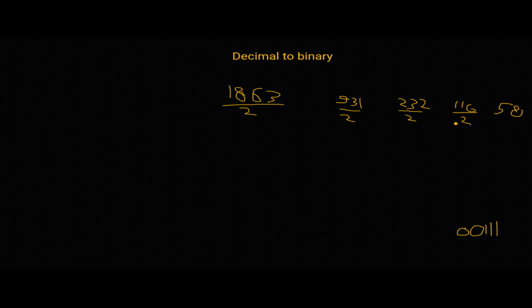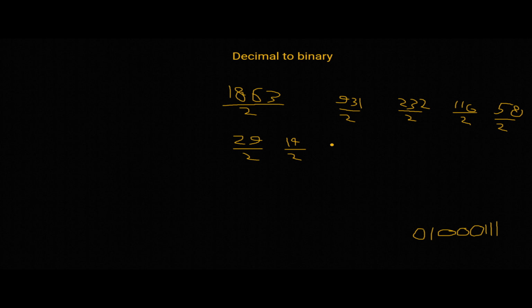I appear to have spaced poorly here, so we're going to go back down here. 58 divided by 2 is 29. And because we didn't have a remainder, we'll go ahead and throw in our 0. So 29 divided by 2 is 14.5. So 14. And we'll throw our remainder down here. Divided by 2 is 7.